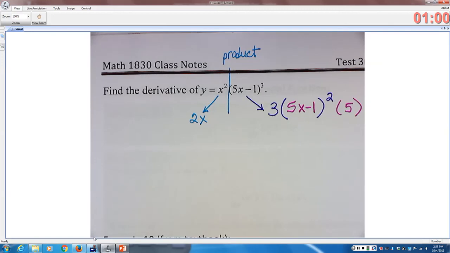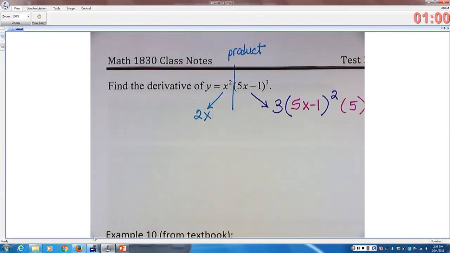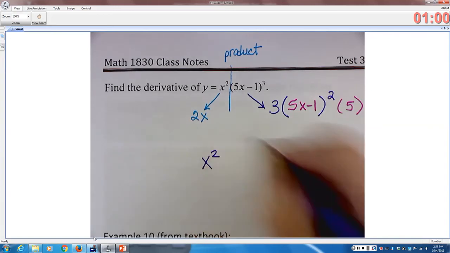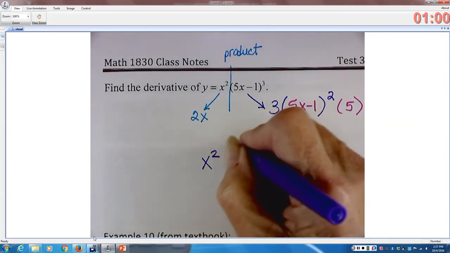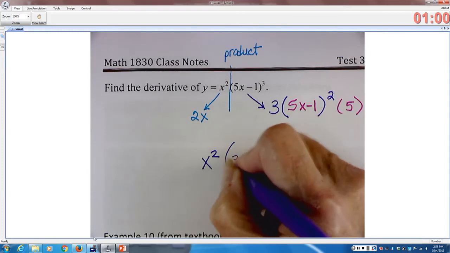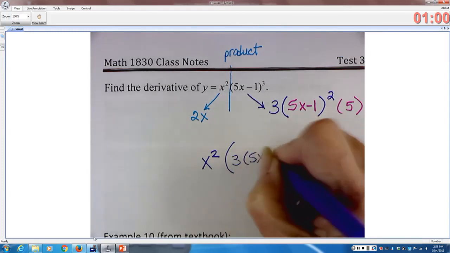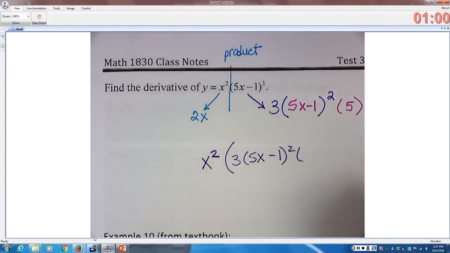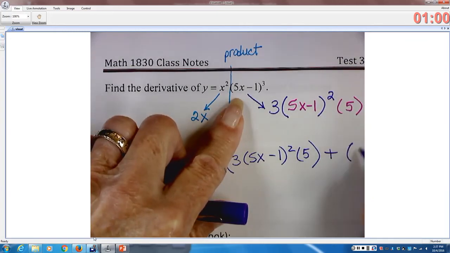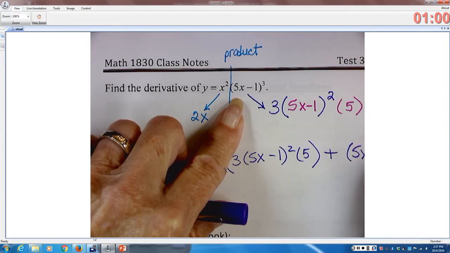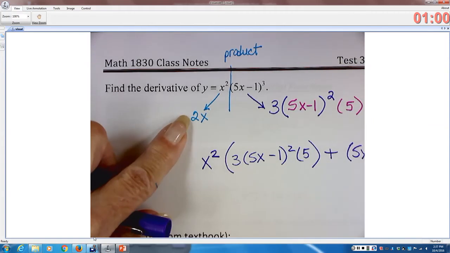And then the product rule says take the first times derivative of the second plus the second times the derivative of the first.